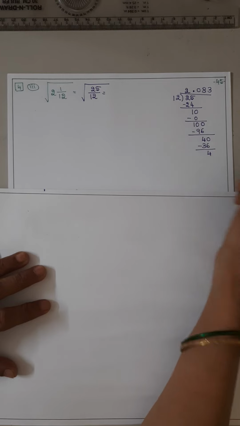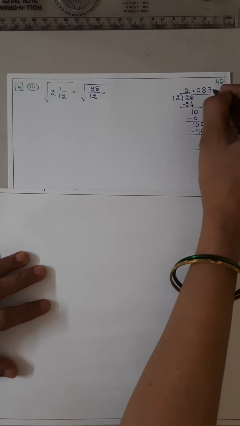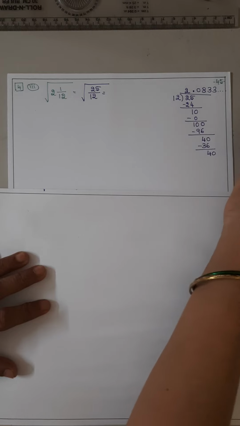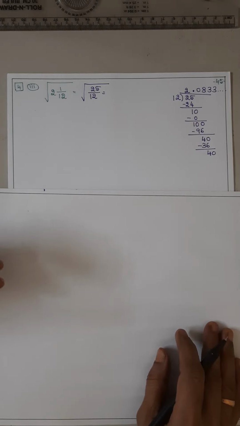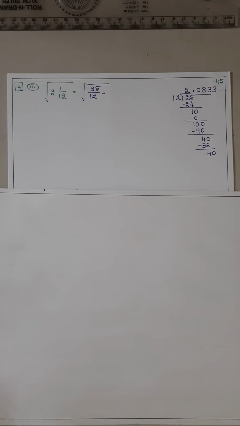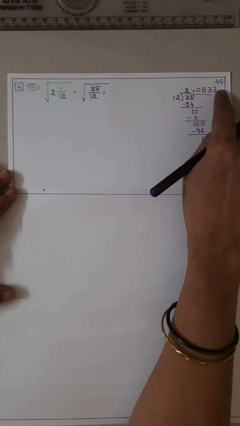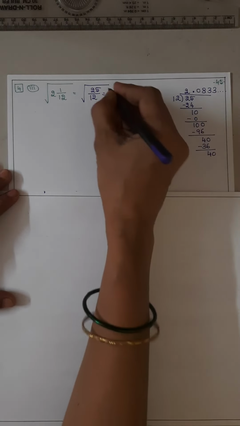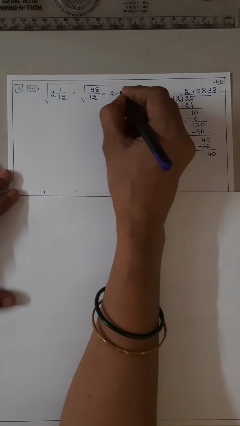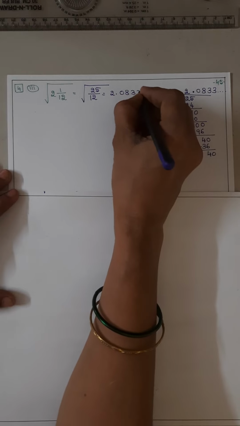Again 4 remains, extra 0, 3. Remember this from last year's topic. They are repeating, isn't it? So 3 is repeated. So here you take 2.0833.